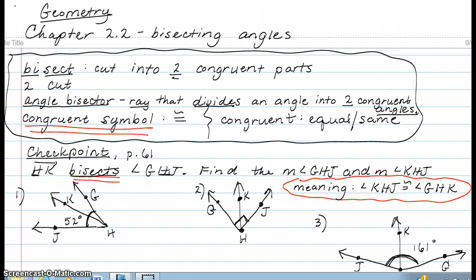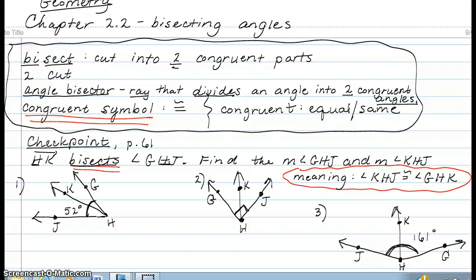Okay, we're going to the bottom of the page now, to page 61, the checkpoint activities. And we're going to make note that ray HK, that's your angle bisector, bisects angle GHJ into two congruent angles.